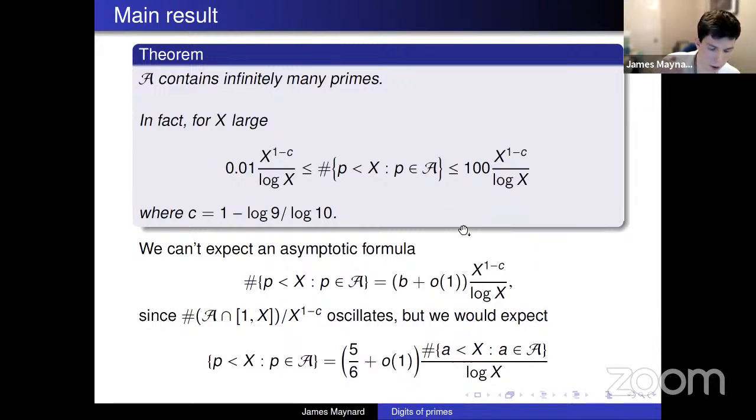Yeah, so there's this constant factor 5/6, which is less than 1 because 7 is co-prime to 10, and you get 5/6 if you're removing the digit 1, 3, 7, or 9.